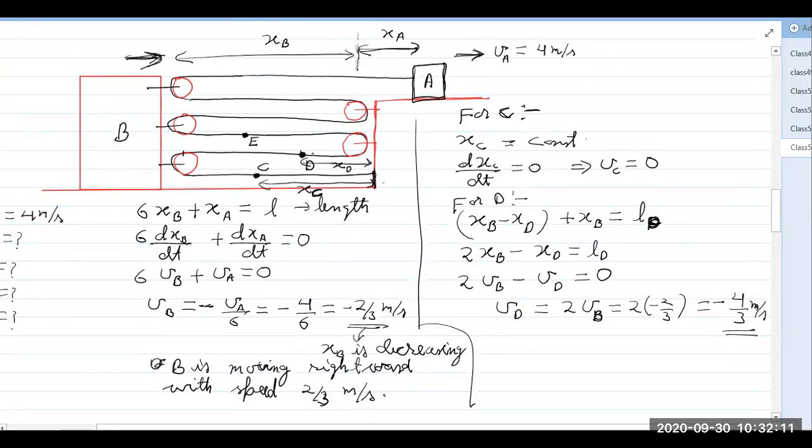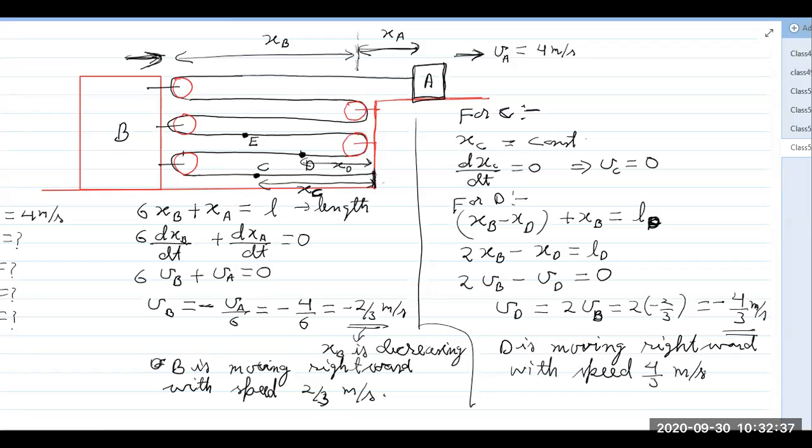XD is decreasing, and XD decreasing means point D is moving rightward. So D is moving rightward with speed 4 by 3 meter per second. Similarly, we can find for point E.